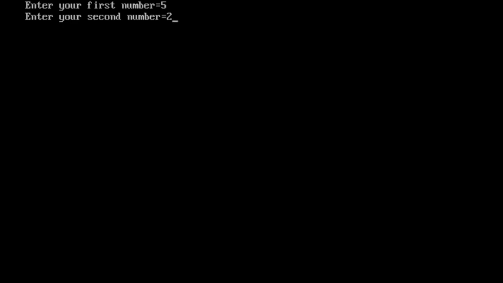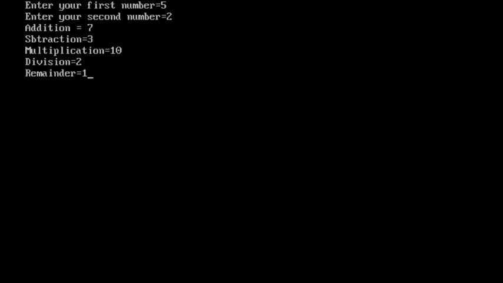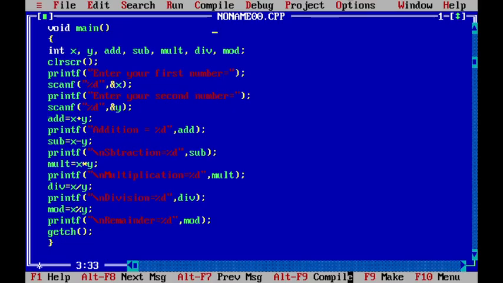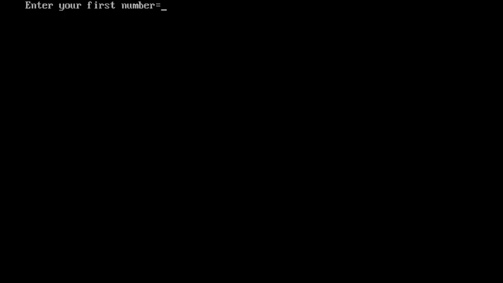And if we determine the remainder using the modulo sign, then if we divide 5 by 2, the remainder is 1.